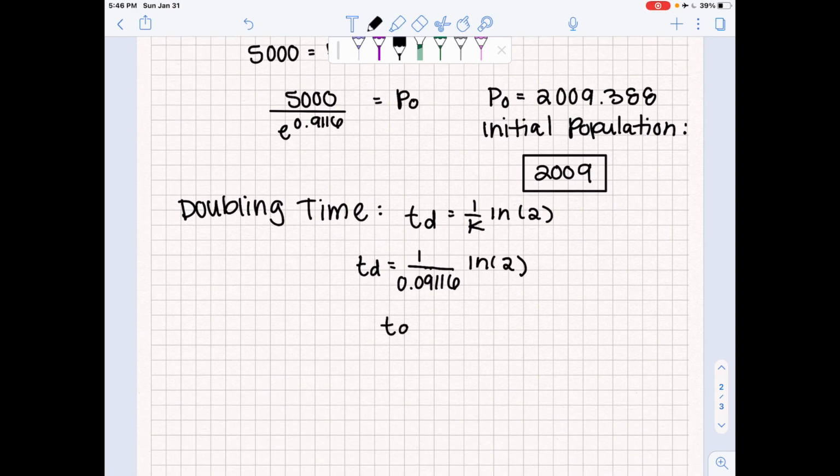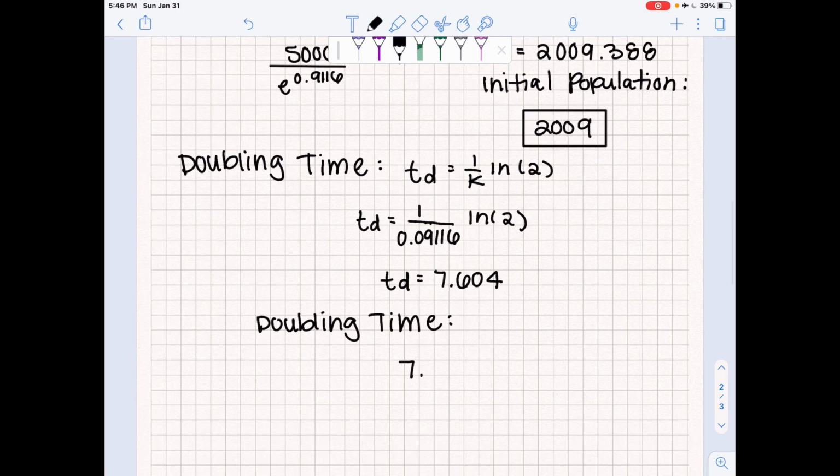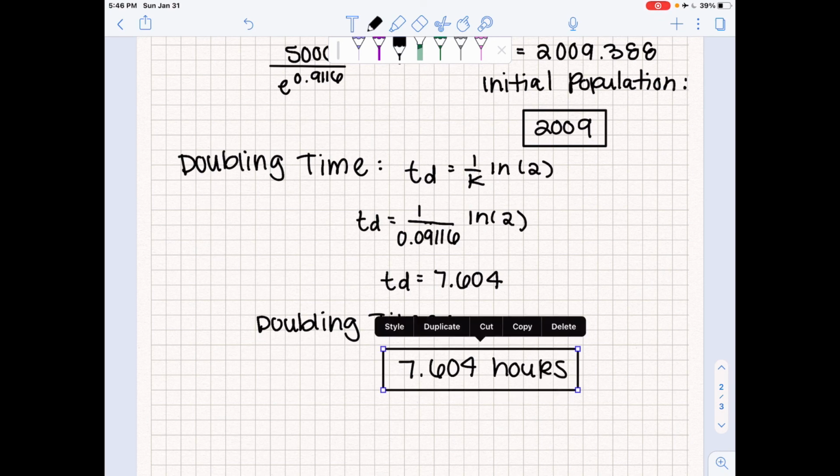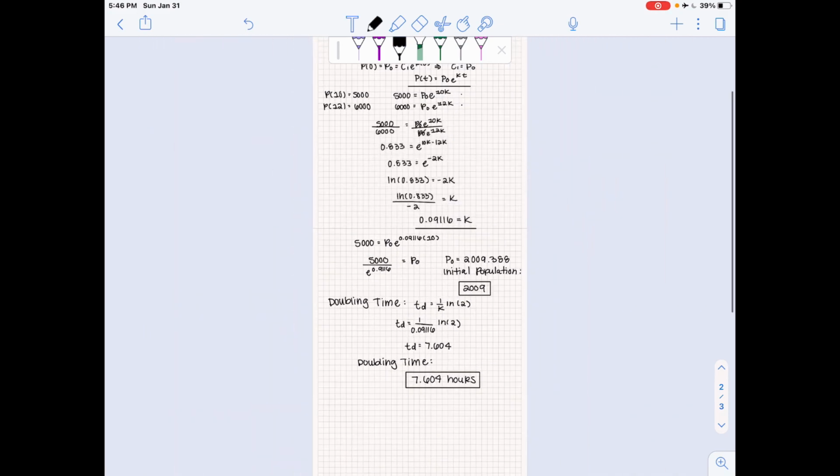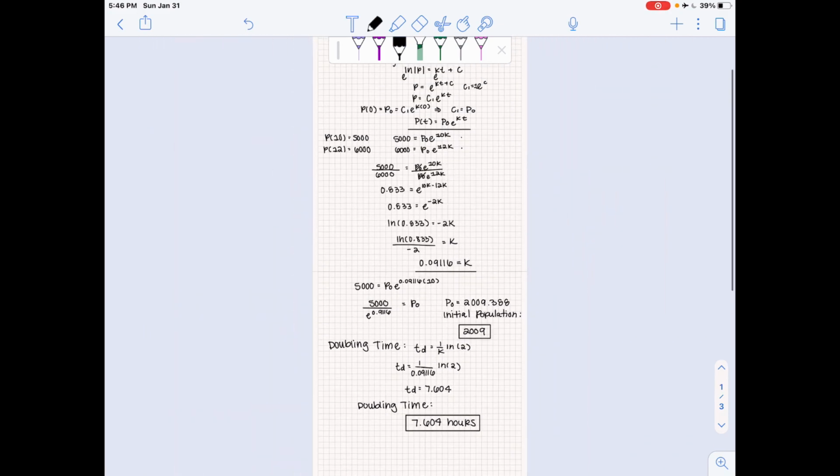So the doubling time is equal to 7.604. So doubling time is about 7.604 hours. And that is problem number 2 from chapter 1.5.